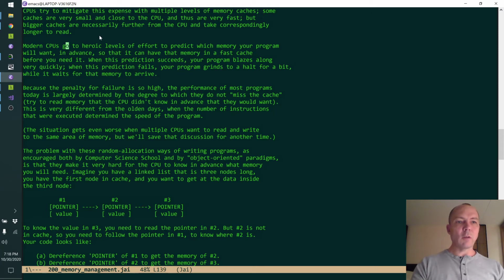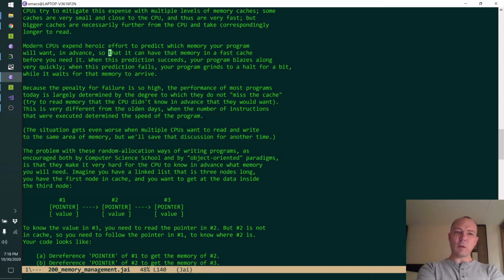Expend heroic effort to predict which memory your program will want in advance so that it can have that memory in a fast cache before you need it. When this prediction succeeds, your program blazes along.